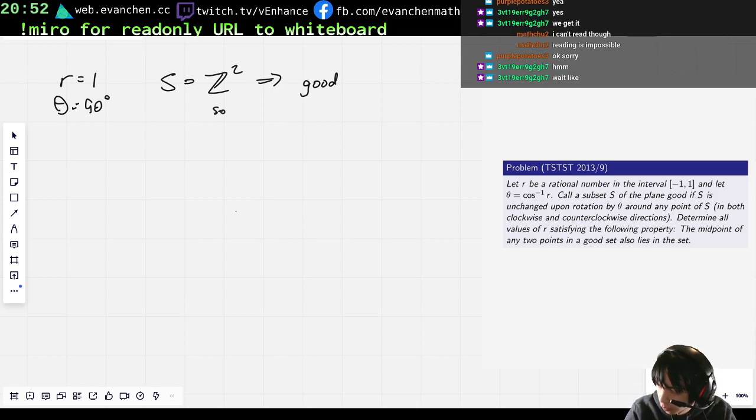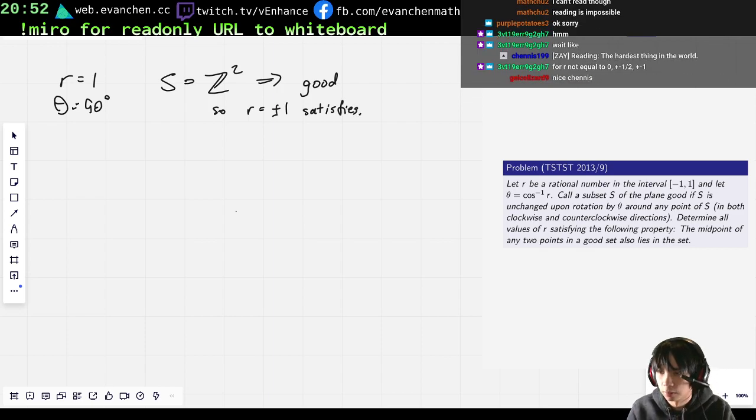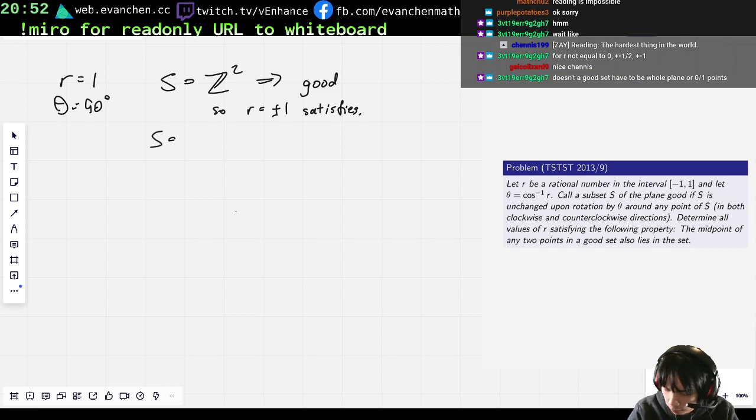So r equals 1 satisfies, at least. Or plus minus 1 for that matter satisfies. Okay, should be the same for a 60 degree, right? If I take s equals, wait, sorry, I meant doesn't satisfy, because it does not satisfy.